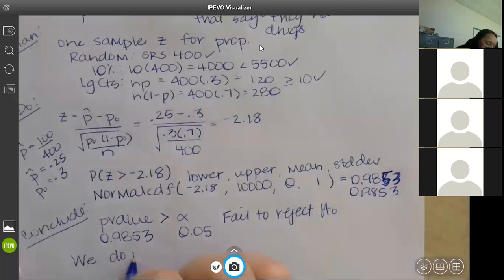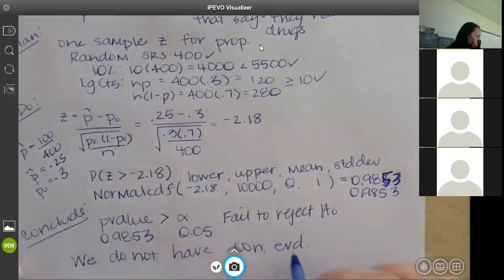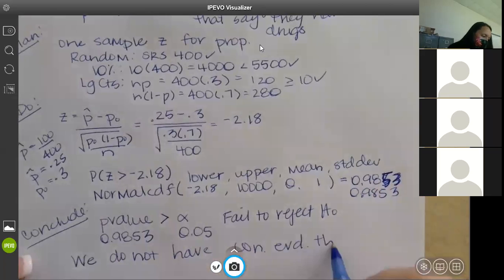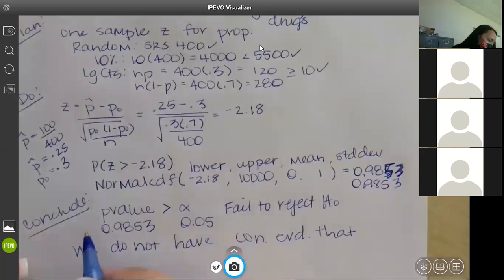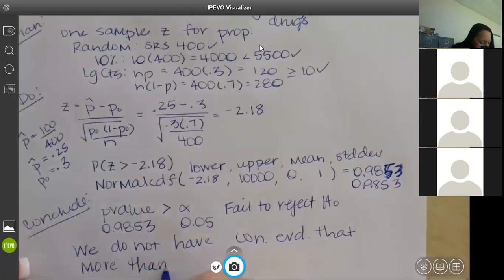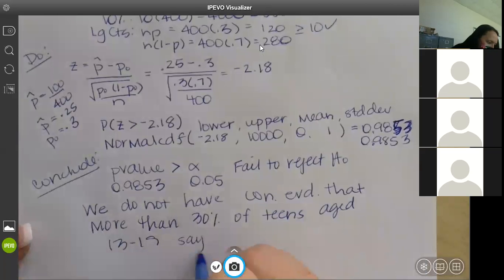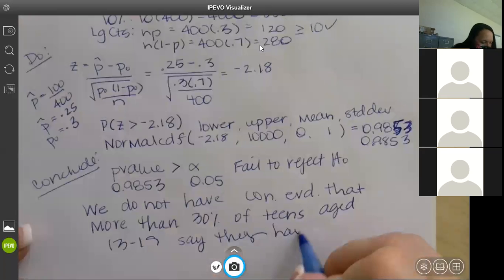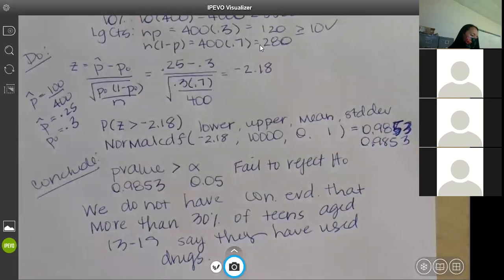So we do not have convincing evidence that, of teens age 13 to 19, say they have used drugs.